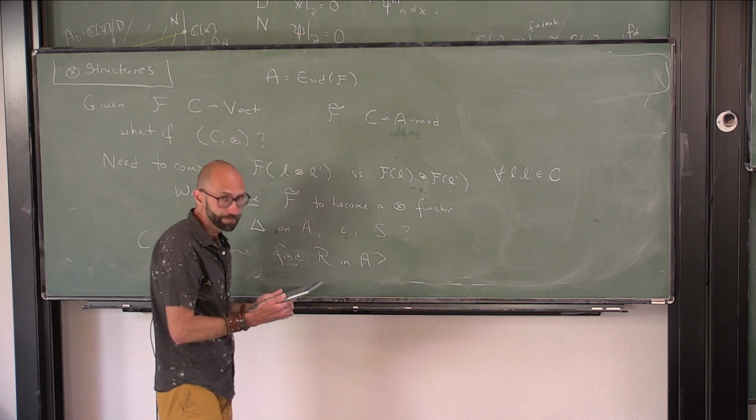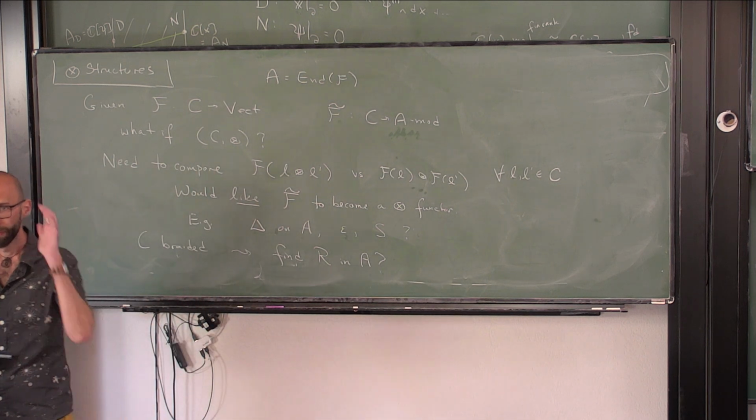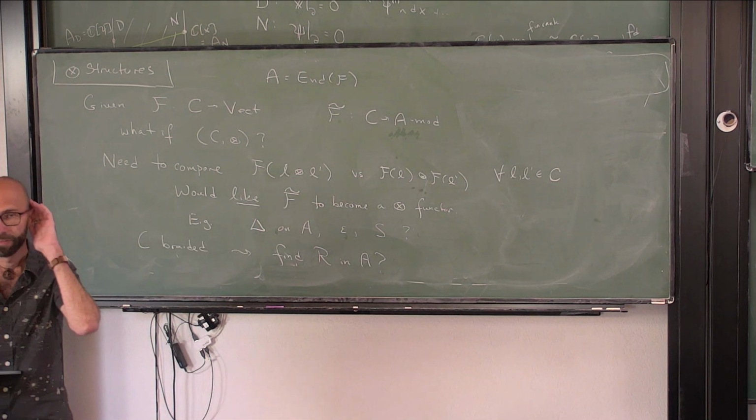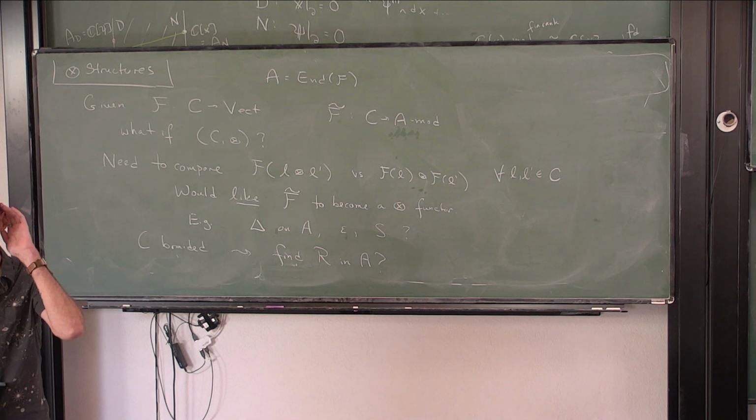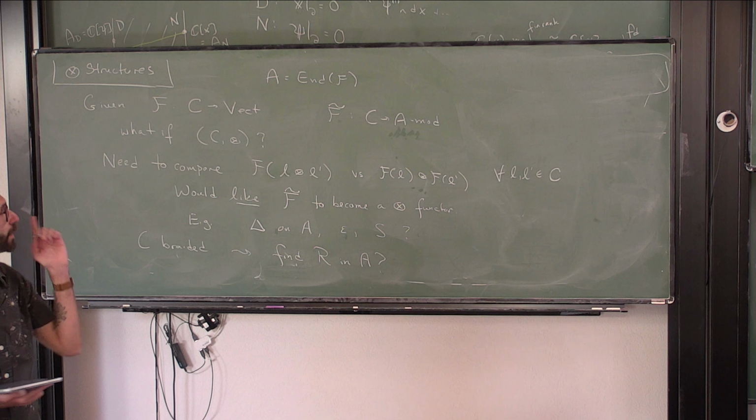Sorry, Tudor. So maybe before this bialgebra story, you're wanting to compare F tensor F and then tensor, and tensor and then F. But is there a well-defined tensor product on A-mod?